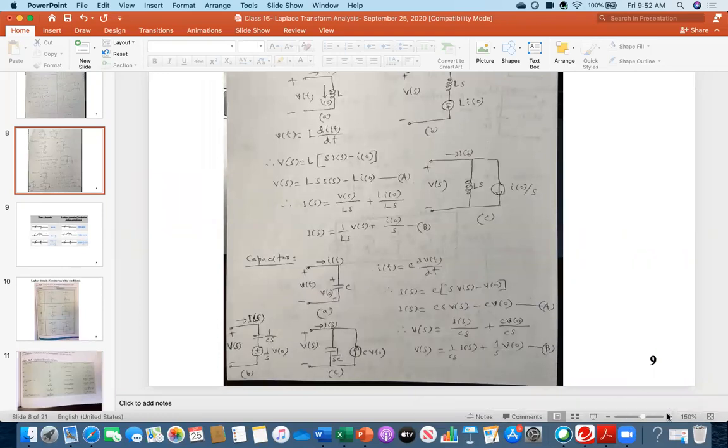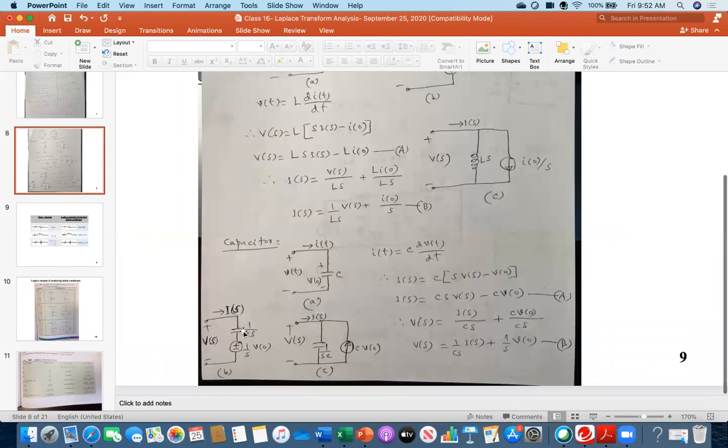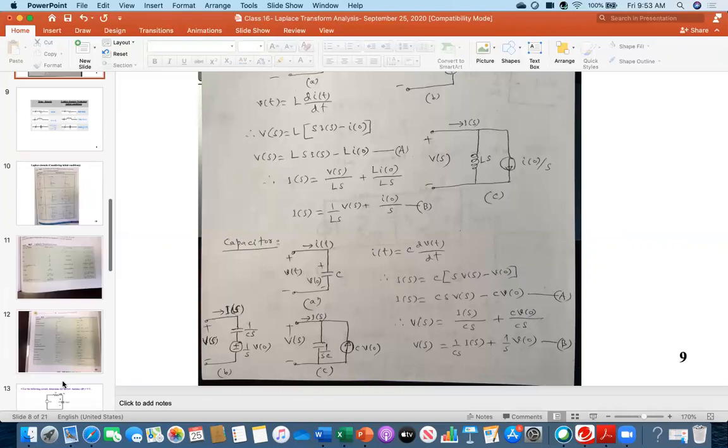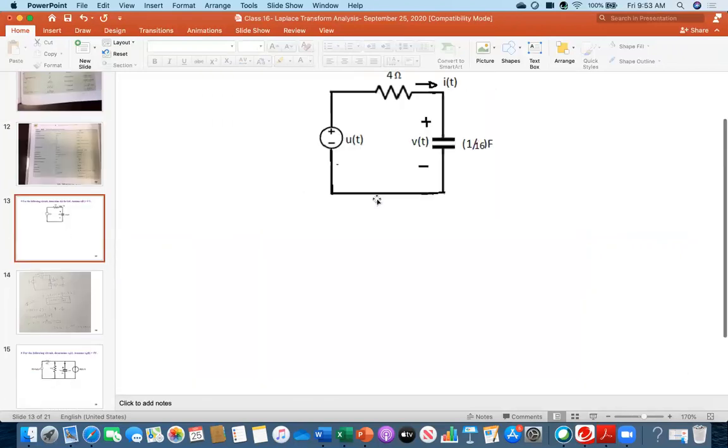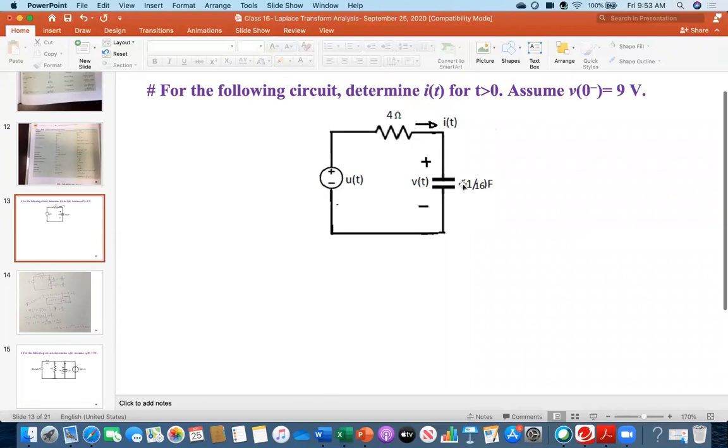You might represent it in the other format, but because it has V naught, you can include the initial condition, but then it becomes a parallel circuit. If you choose this series one, then it matches the circuit because your circuit is series. Everybody look. If you use the series format of the capacitor's Laplace equivalent, then the whole thing is still series, so it is easy to handle.